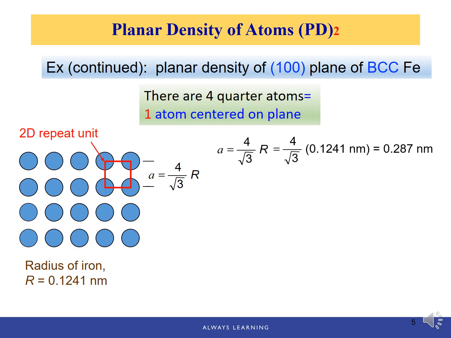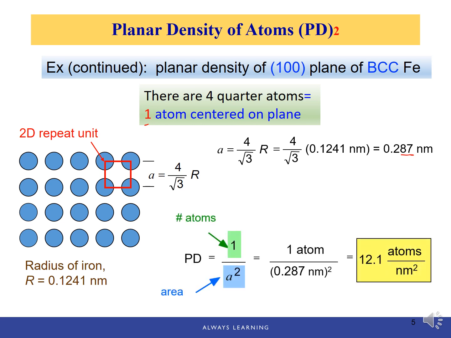So let's continue with the calculation. a is calculated to be 0.287 nanometer, and the number of atoms centered on the plane is 1. Therefore, the planar density PD equals the number of atoms centered on the plane over the area of the plane, a squared, which is 1 atom over 0.287 nanometer squared, and the answer is 12.1 atoms per square nanometer.